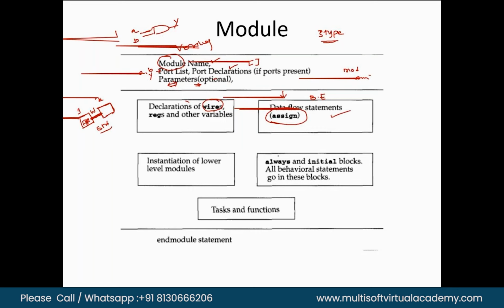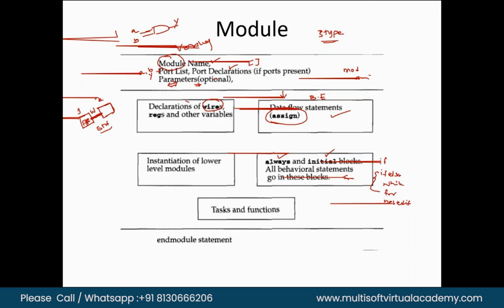And if you find any always block or initial blocks in the program followed by behavioral statements, which are nothing but your case statements, if statements, if else, while, for, all the nested ifs, all these statements are used only in behavioral modeling.